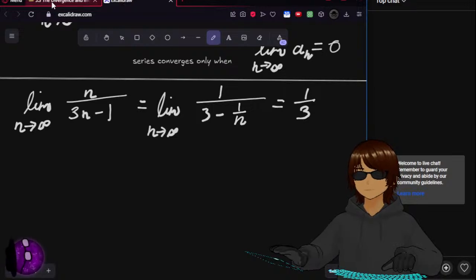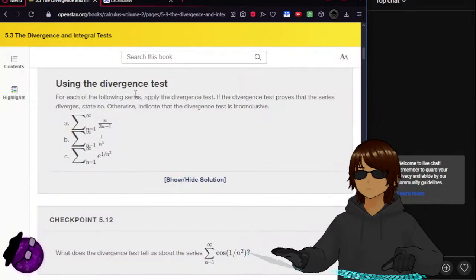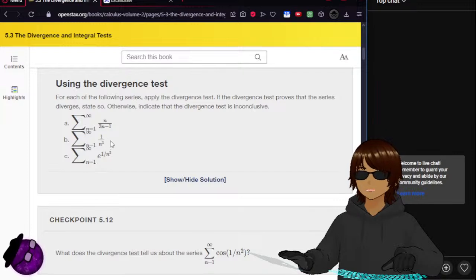So since the limit does not approach 0, it approaches 1 over 3, then the series would be divergent. For 1 over n cubed, this series is convergent because 1 over n cubed approaches 0 as n goes to infinity.